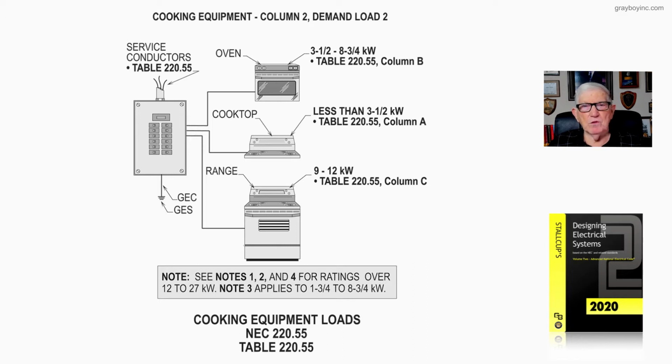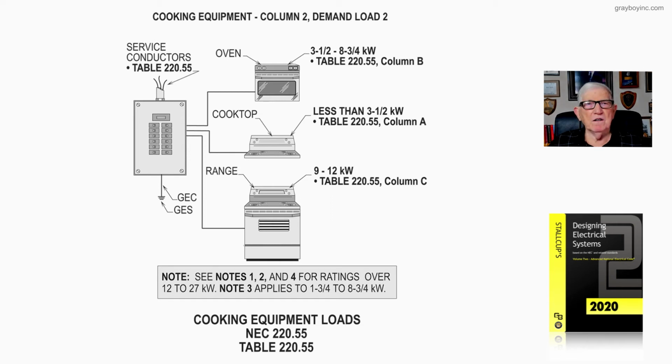Now notice we're looking at these service conductors in accordance with Table 220.55, and where you have, say, a 3.5 to 8 3/4 kW, the column B to Table 220.55 allows 80% demand. If you're less than 3.5 kW, then column A to Table 220.55 allows 80% demand also.